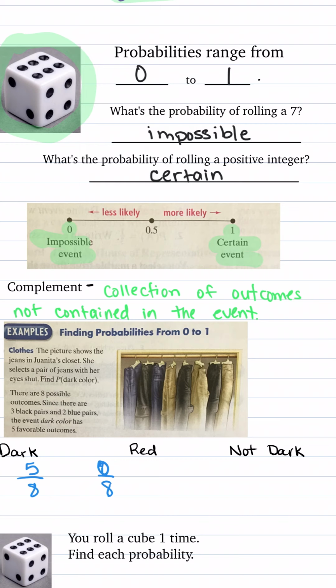And we're going to put no favorable outcome. And now something that's not dark. Well, there's 1, 2, 3 that are not dark. So she has 3 out of 8 chance of choosing something that's not dark.